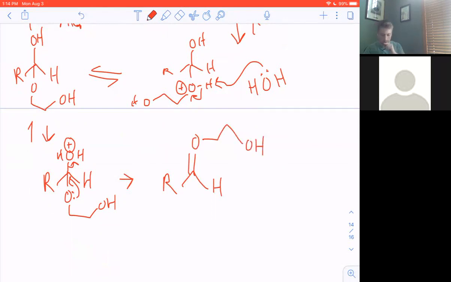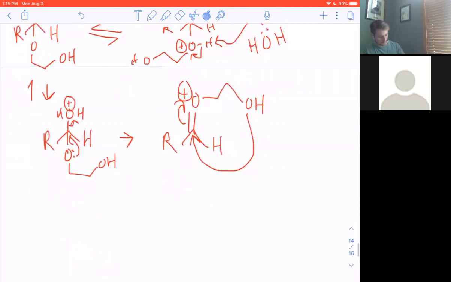It looks like this. Basically what's going to happen now is you can have this oxygen attack here. When it does that, this lone pair, I forgot this is still positively charged, will force that up there. What you now have then is going to be this.